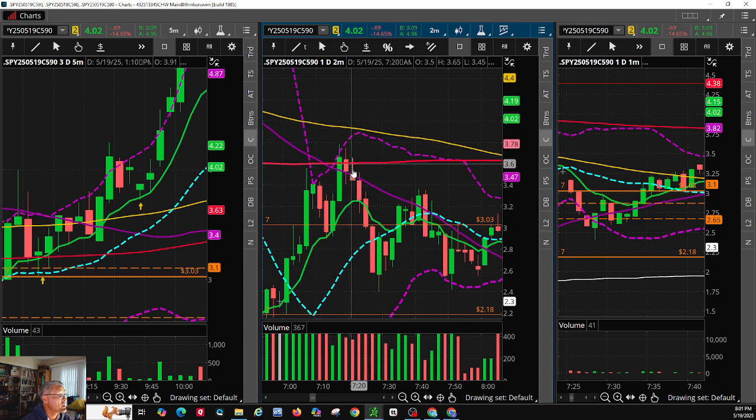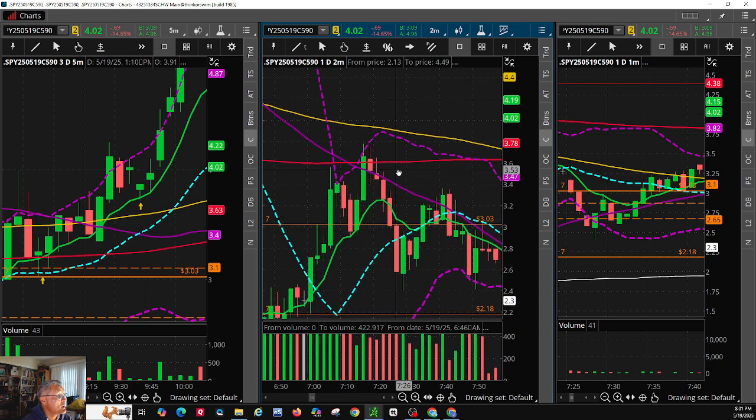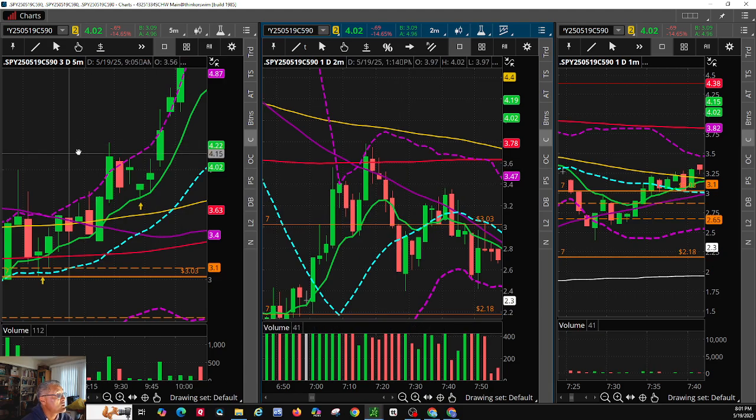Another reason why it doesn't break through here is that the 9 EMA is too far away from the red here. The 9 EMA needs to be crossing through here for it to happen, and it doesn't. Let's see, what's another reason?